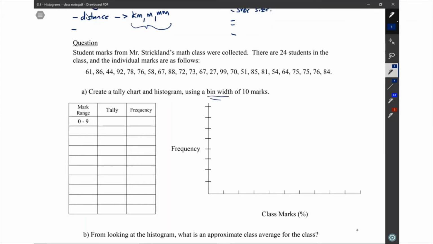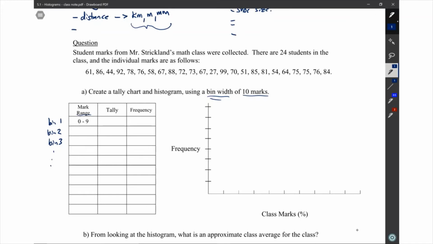So a bin width means the size, or the range between each bin. So our first bin, for example, these are bin 1, bin 2, bin 3, etc. So each mark range here is a bin. So from 0 to 9, that's one bin, what we call a group of our data here. If we count the number of possible marks within this range, it will be 10, and that's by design up here.